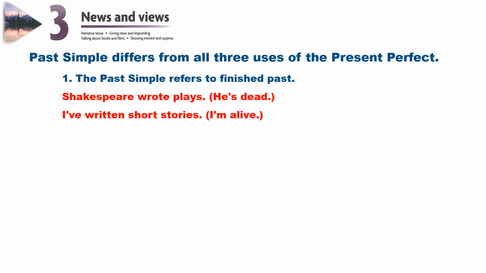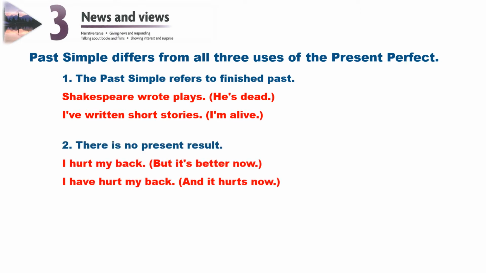While when I'm talking about someone who is living now and is still alive, I will say I have, for example, when I'm talking about myself, I will say I have written short stories. I'm alive. So I use present perfect here, not simple past. Number two, when I'm talking about something in the past, there is no present result.